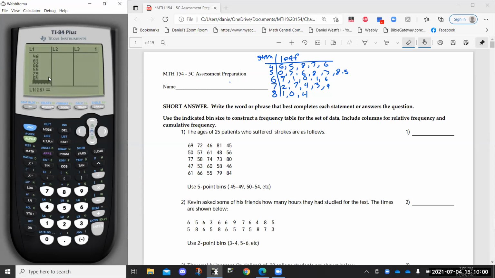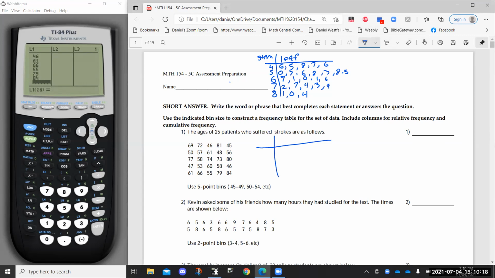I still don't have these sorted. So let me show you, if I were doing it by hand, I would go through the list again and sort by the groups that they give me.